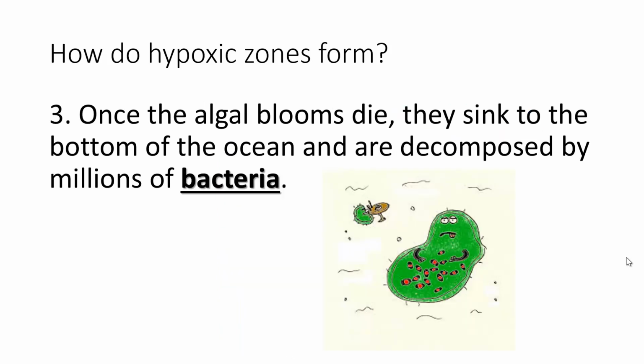Well, the next step is that once these algal blooms, or community of algae, die, they sink to the bottom of the ocean and are decomposed by millions of bacteria. You can see in this picture a piece of algae that's sinking down to the bottom of the ocean because it is now dead, and bacteria, which are decomposers, start to break down that dead algae.